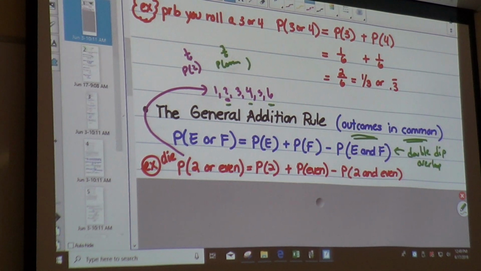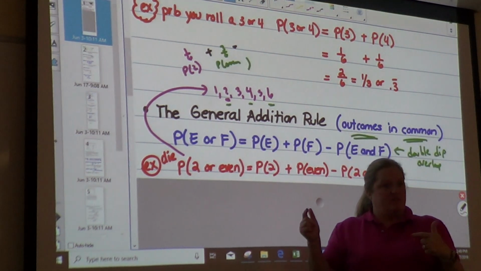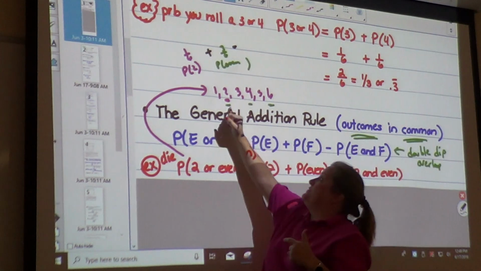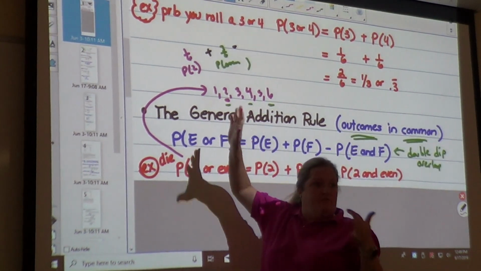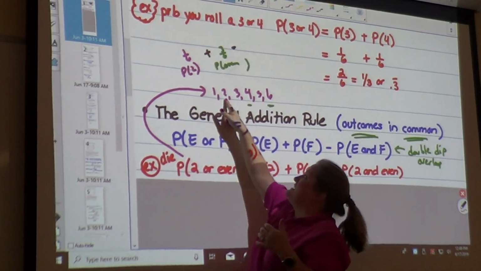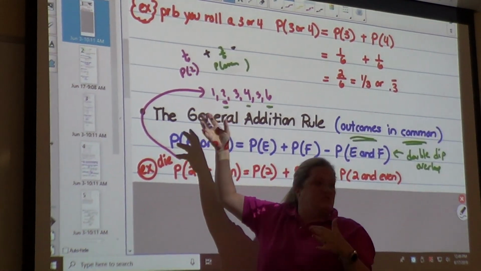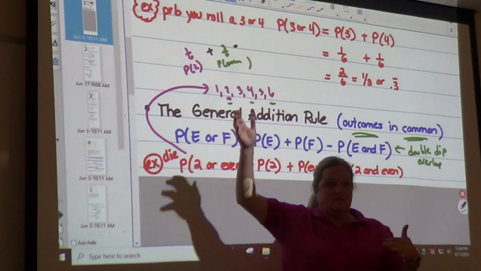But then I'm going to add those up, but I have to take away my double dip. How many double dips did I have? This was my double dip. It happened in both of them. So I've got to take away my double dip because I don't want to count it twice.